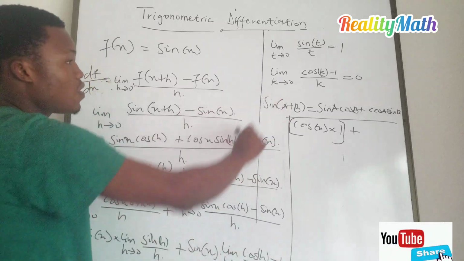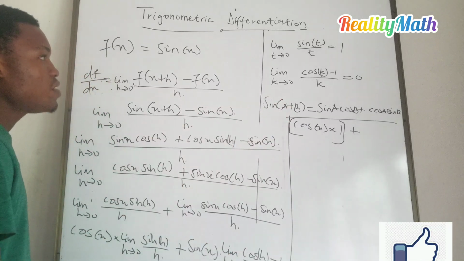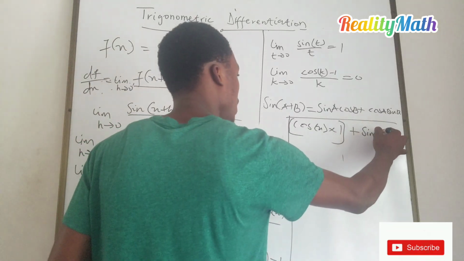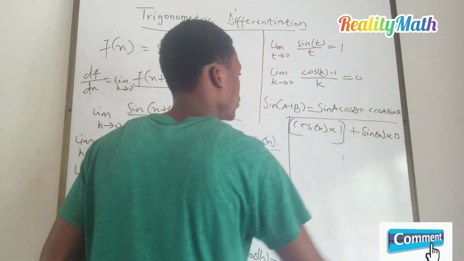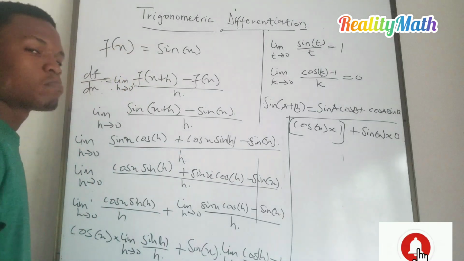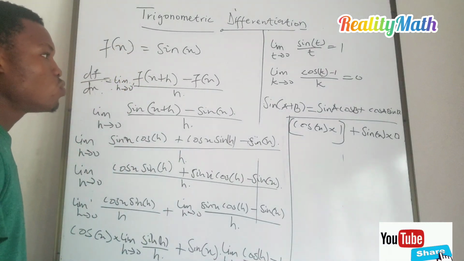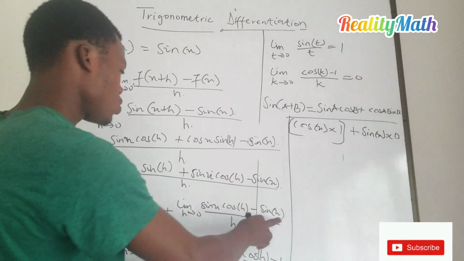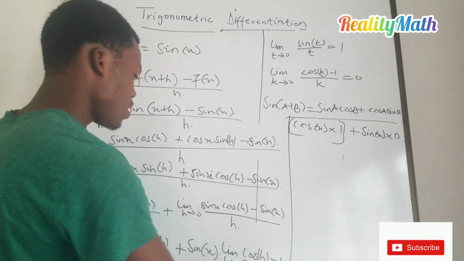So it's still the same thing. If that gives me 0, it means I'm having sine x times 0. Here I factored out cos x.